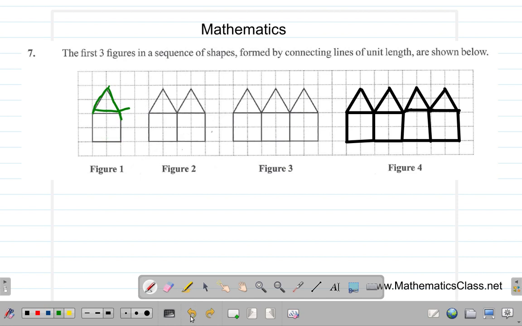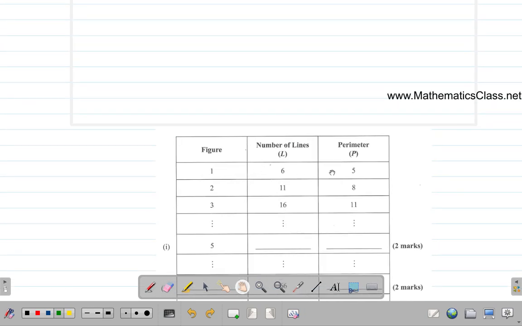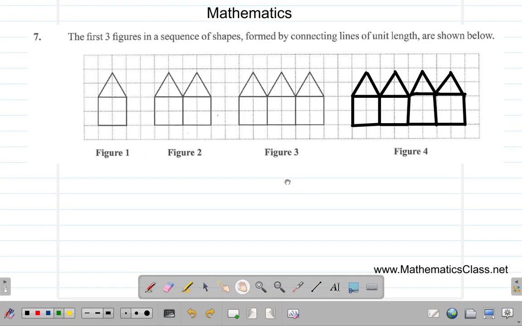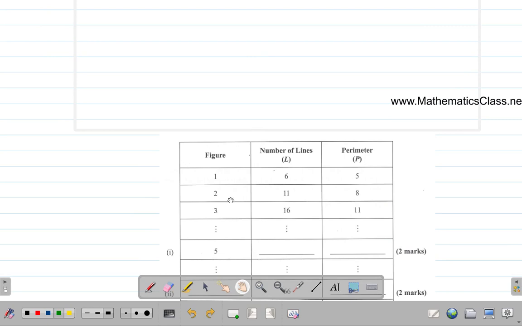And the perimeter, the distance around, is 5, because you have 1, 2, 3, 4, 5. That's for figure 1. Figure 2 has 11 lines and a perimeter of 8.